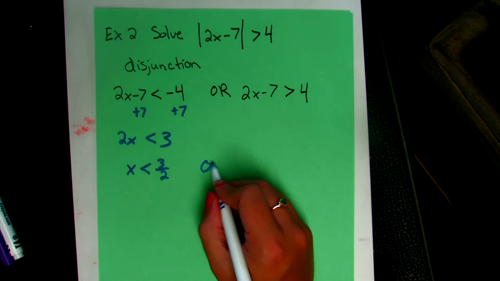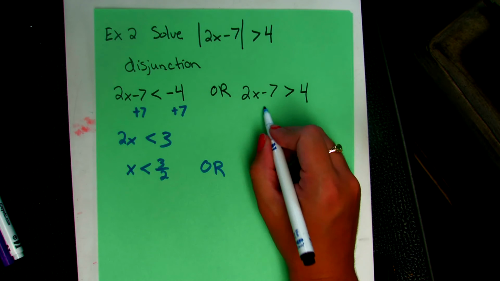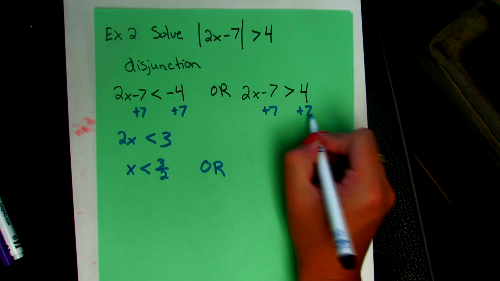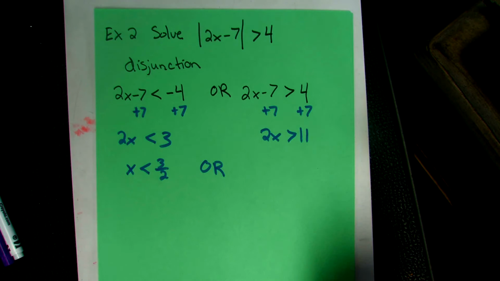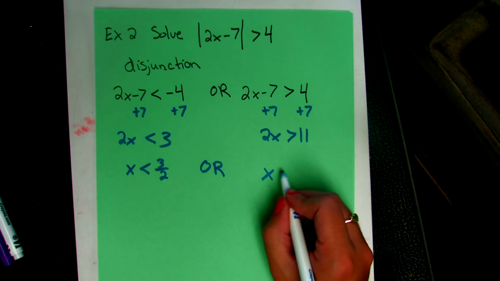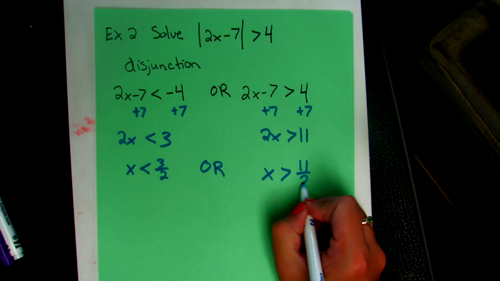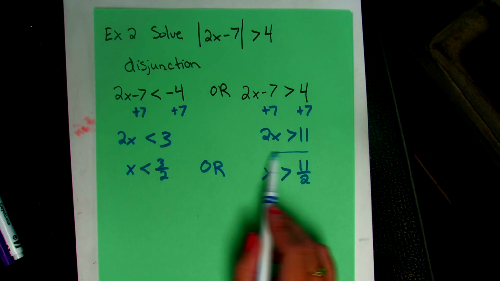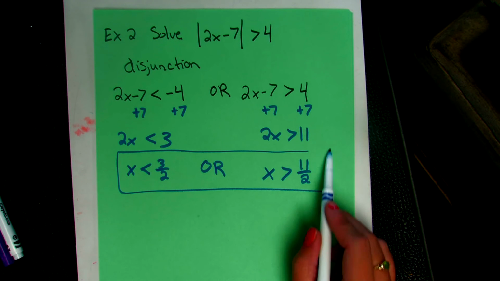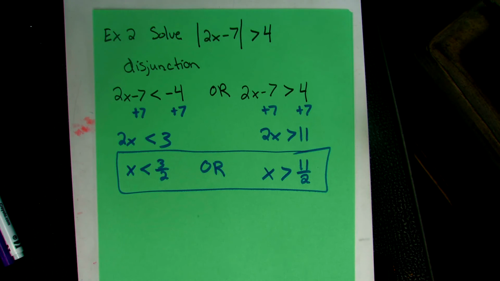Or, on the other hand, I'll add 7 to both sides over here, and I have 2x is greater than 11. Divide both sides by 2, and I have x is greater than 11 over 2. So I get these two answers, and it's a disjunction, so I'm not going to combine them. It's just an or statement.